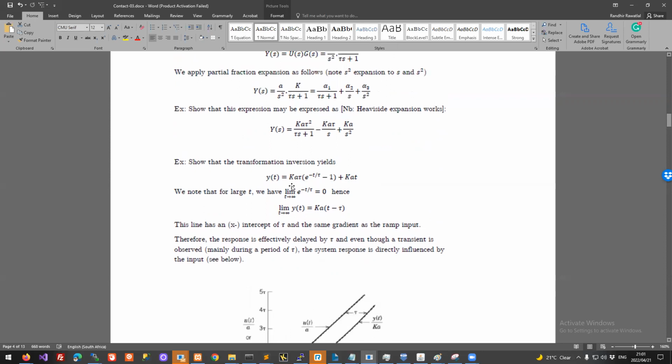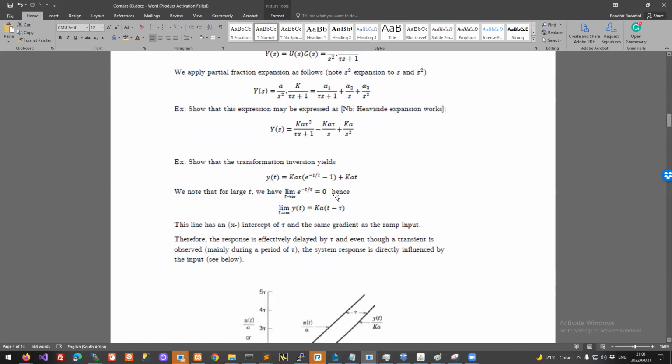If you group these together, in your solution, if you group together k and a, then you bring the t in here. You can also say as t goes to infinity, this term becomes 0. So when you group it together, eventually it will look like this.